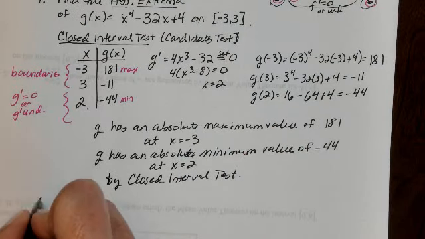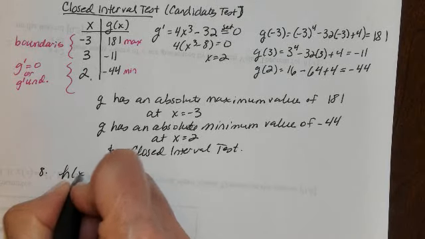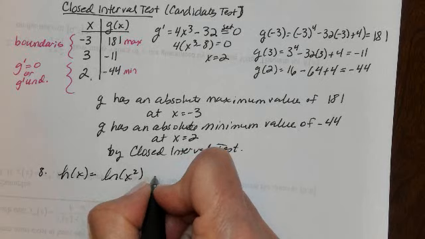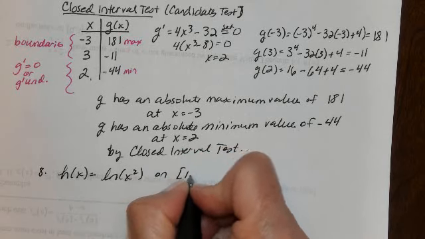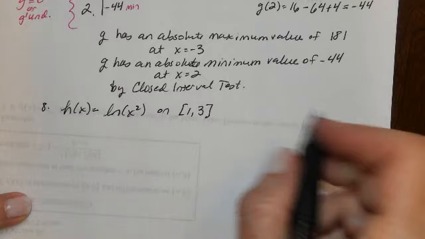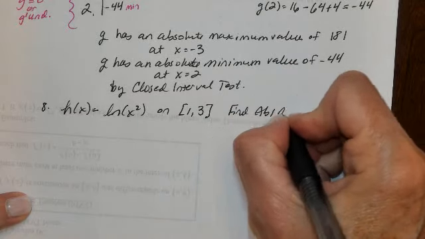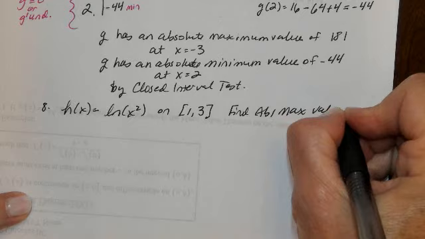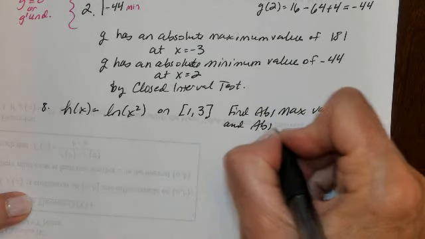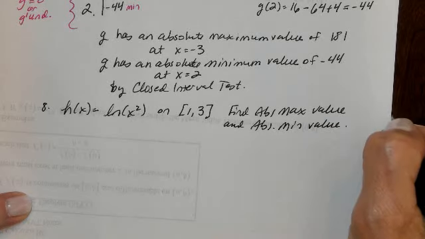Okay. Number 8. H of x equals natural log of x squared on the closed interval 1 to 3. So again, find the absolute maximum value and absolute minimum value of h.